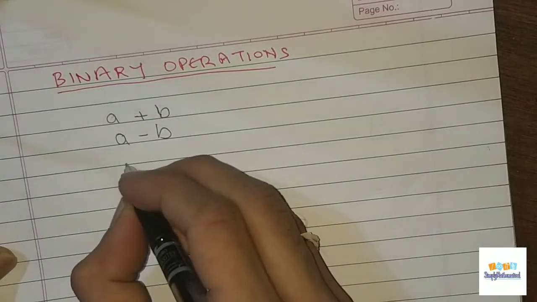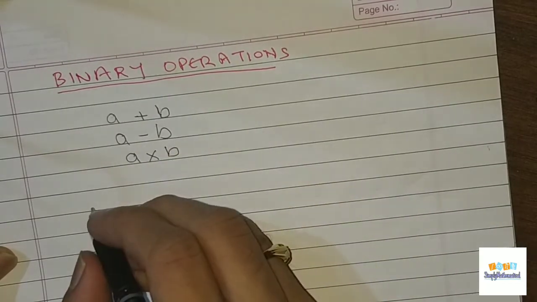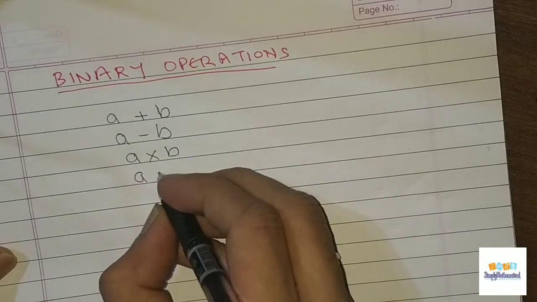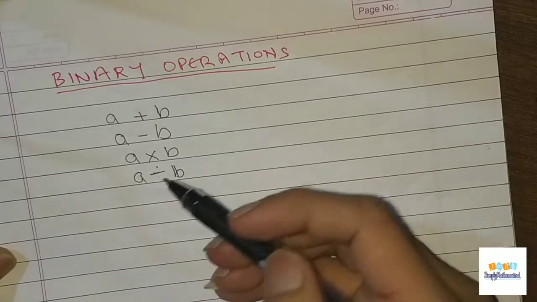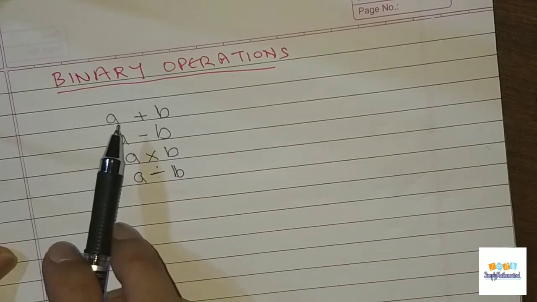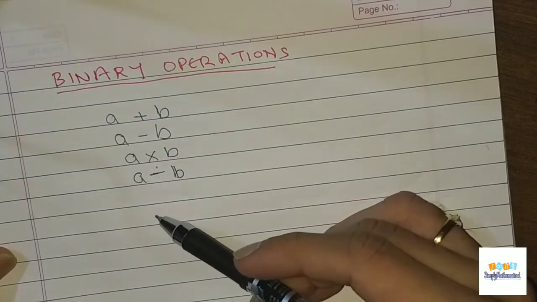When you multiply two numbers, you do a multiplied by b, and when you divide, a divided by b. So here you see that there are always two numbers on which you are doing these four operations.